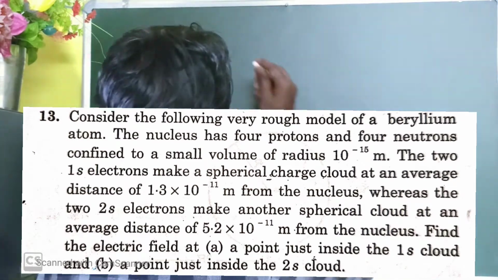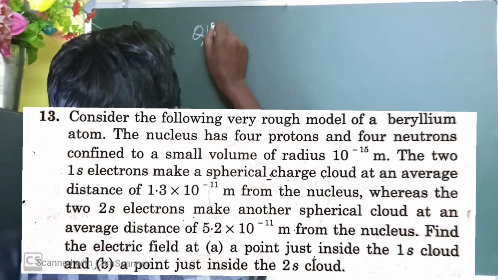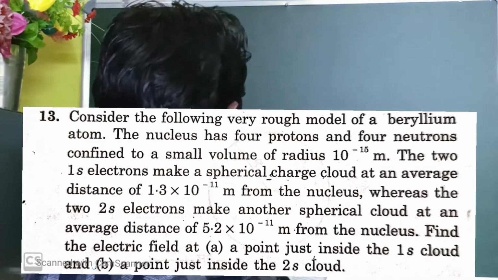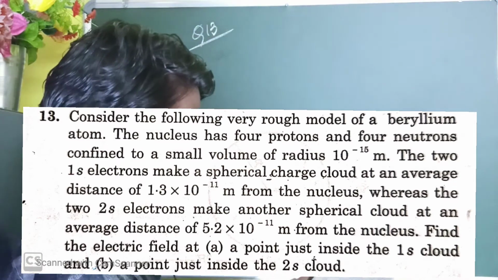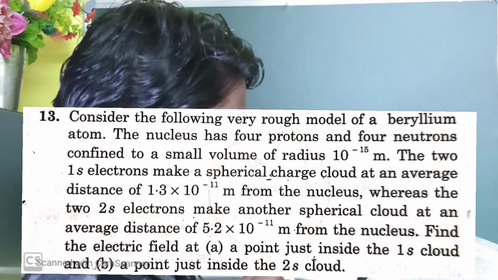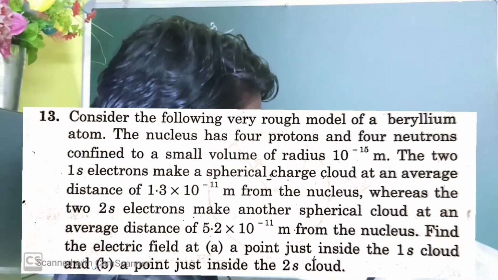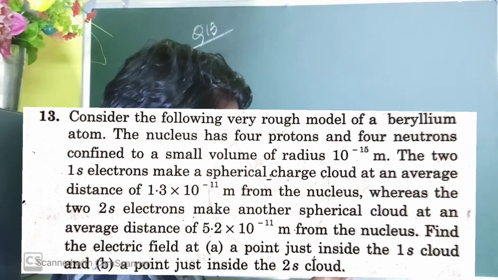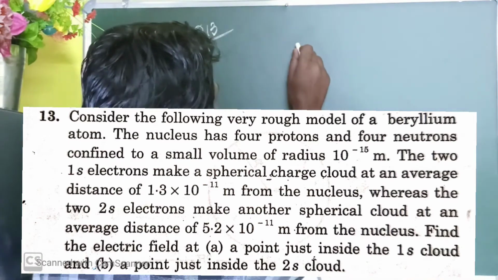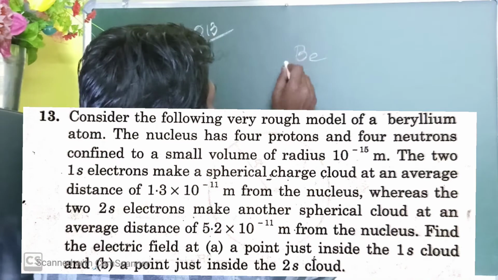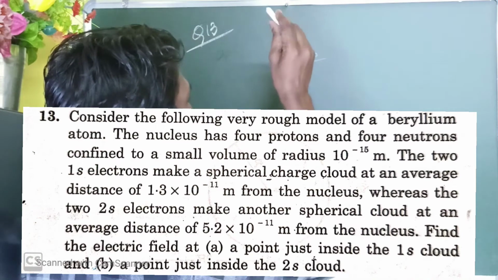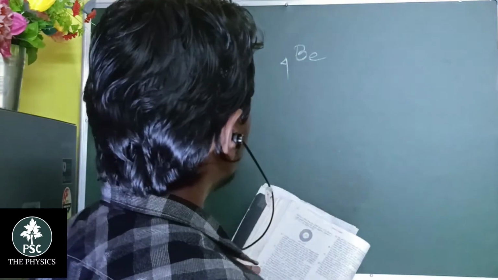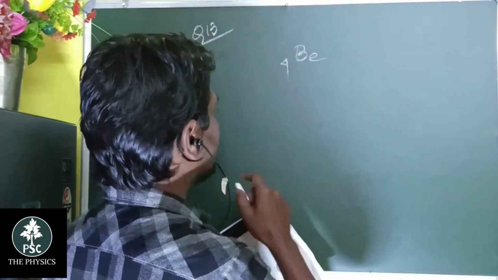So students, question number 13. First of all, I think that you write down the questions. This is a beryllium nucleus. Beryllium, the proton number is 4.